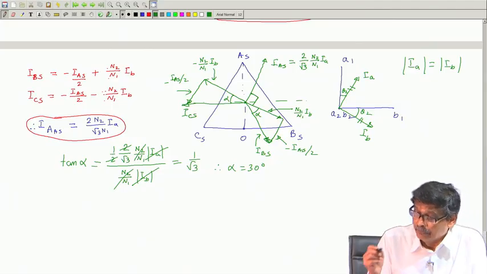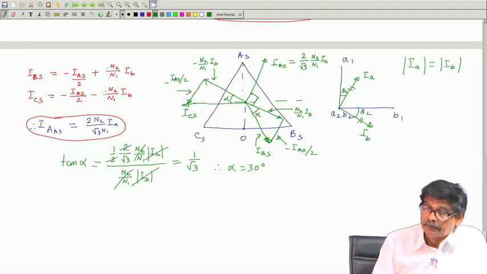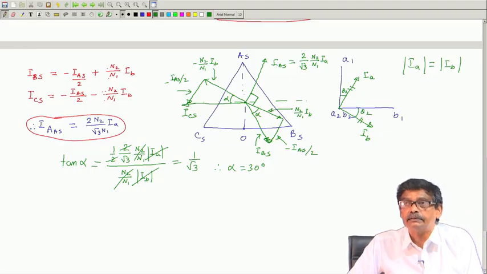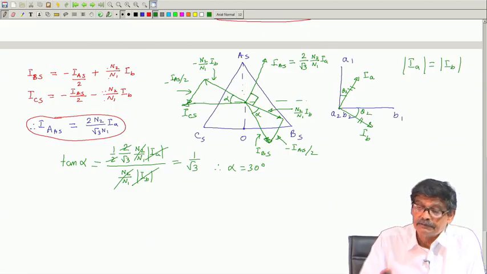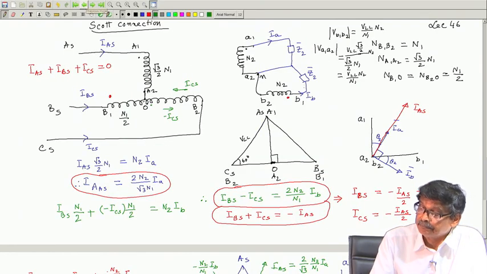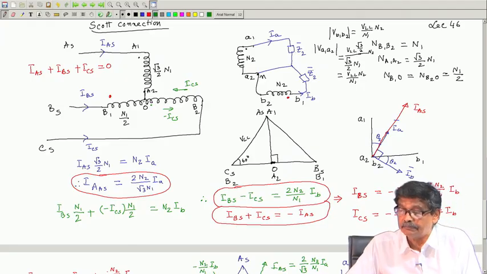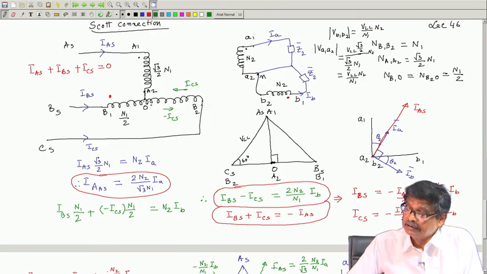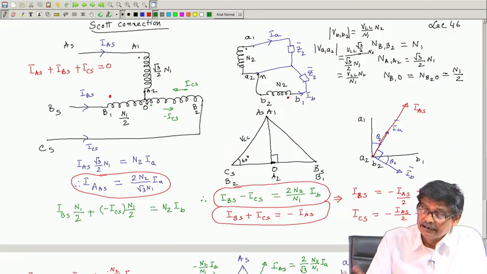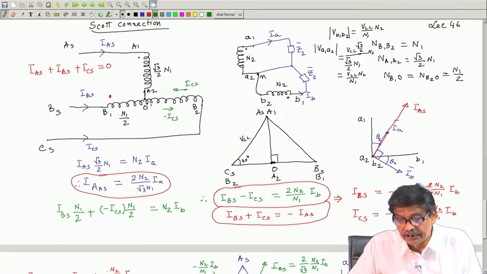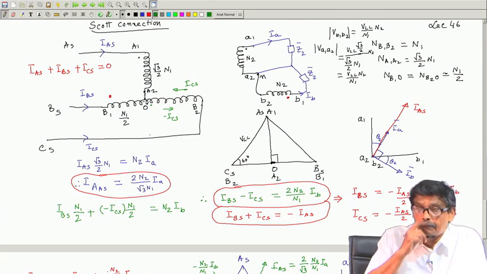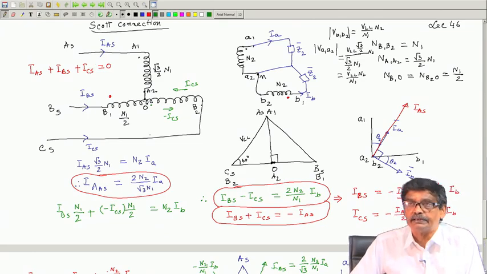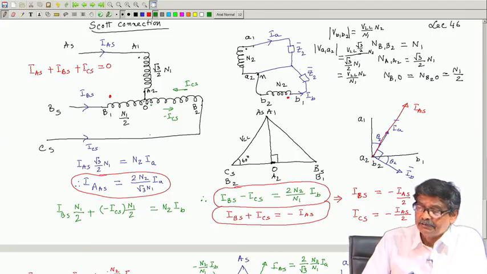Therefore, we conclude that when the secondary current is balanced two phase current like this, when Z 2 are same both in magnitude and power factor angle, then secondary current will be balanced, but it will also ensure that the current drawn from the three phase side will be also balanced. So, it is a very nice connection.